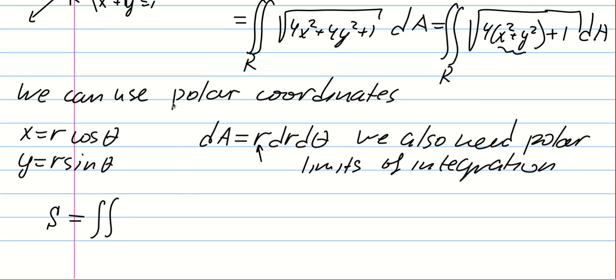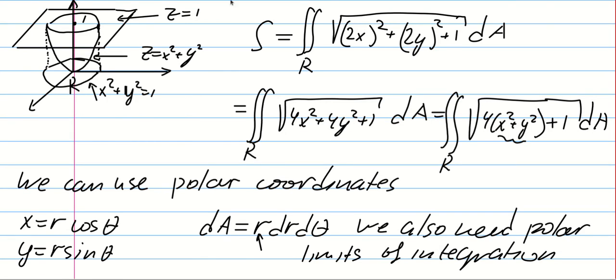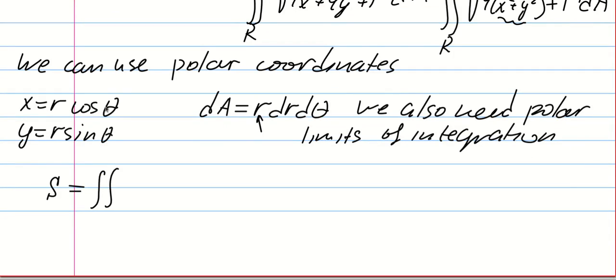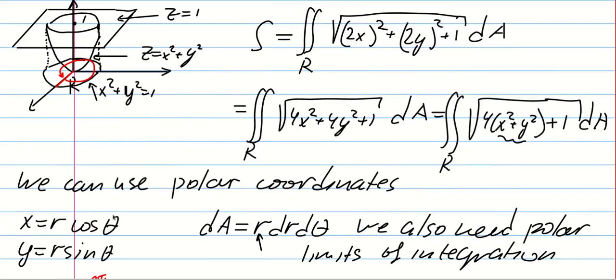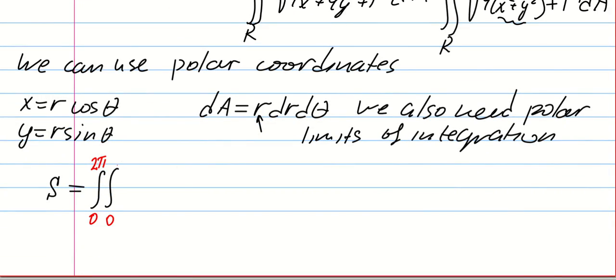We can go from the positive x-axis all the way around, so that's going to be 0 to 2 pi. And for the radius, we have to go from the inside all the way to the outside of the circle, so from 0 up to 1. So we have a square root.